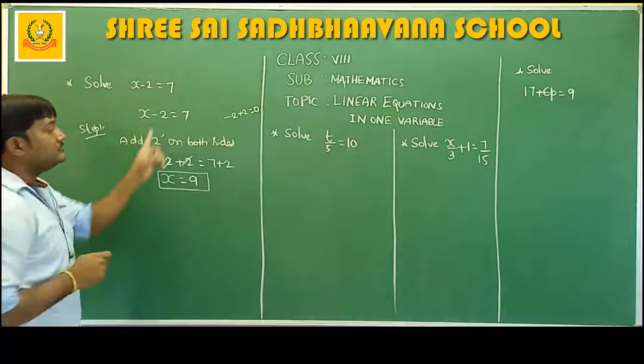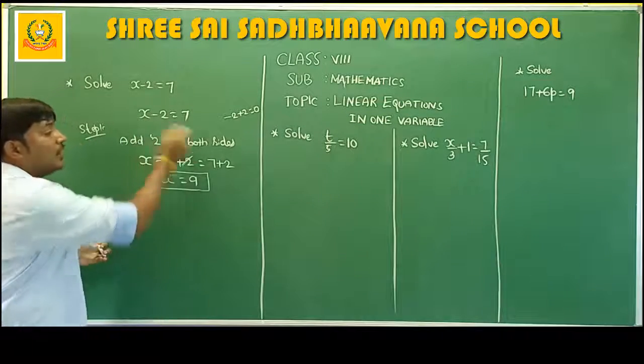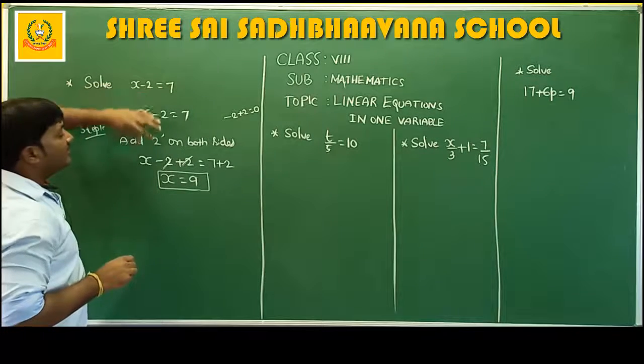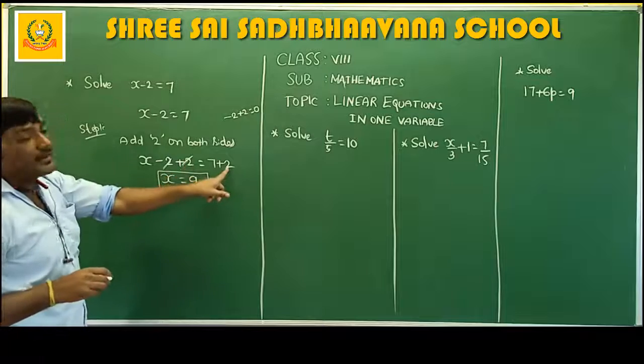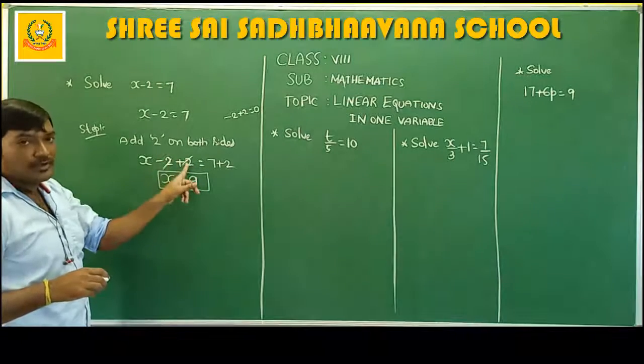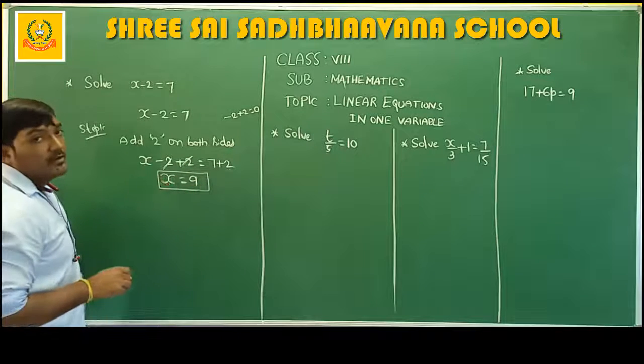So here we have to eliminate minus 2. So I just added 2 on both the sides. It will become x minus 2 plus 2 here and again plus 2 there. So minus 2 plus 2 will get cancelled and 7 plus 2 will be 9. So x is equal to 9.